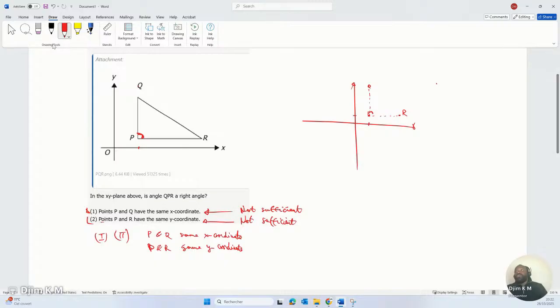Or you could also take it whichever way you want. For example, this is P, and it has the same x coordinate as Q, even though Q is on this other side here.